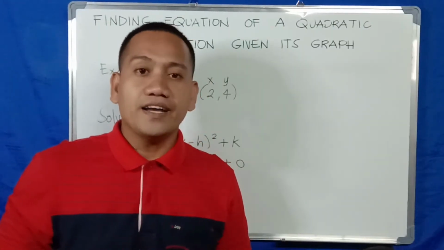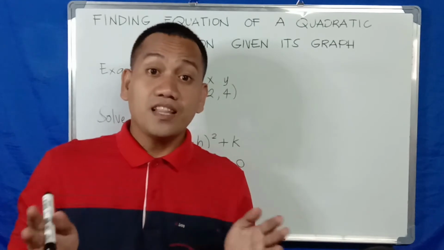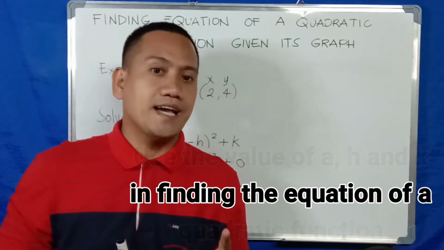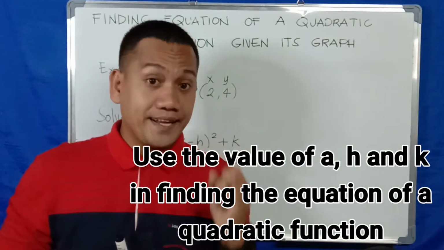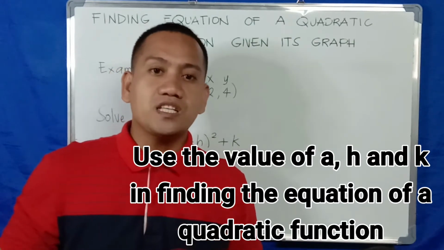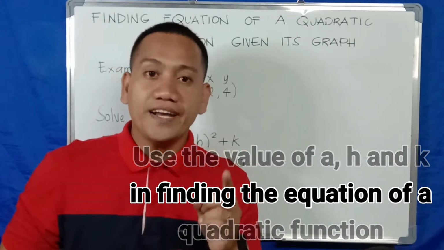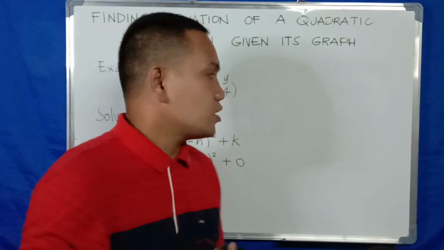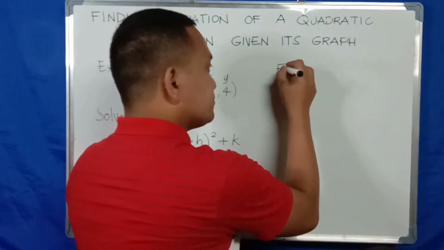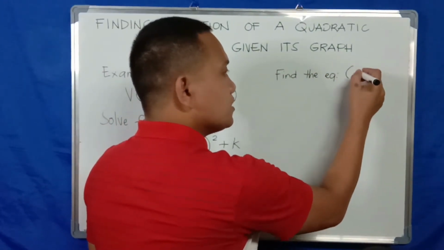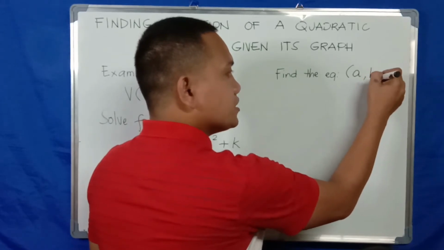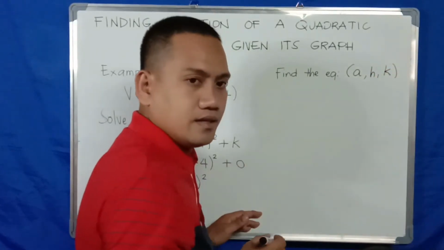After we identify the value of our a, the next thing we need to do is to utilize the value of our a and the coordinates of our vertex to find our equation. So let's now find the equation using our a, h, and k.